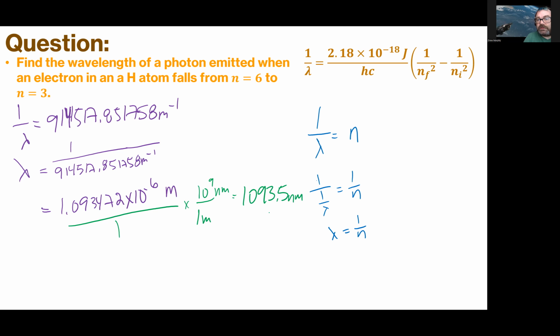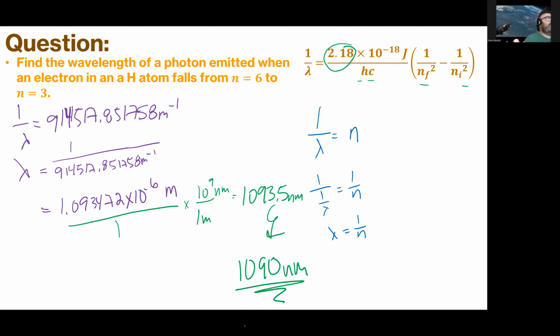I guess we'll round this to 3 significant figures, because there's 3 here, that's 4, and those are exact. So this should be 1090 nanometers.